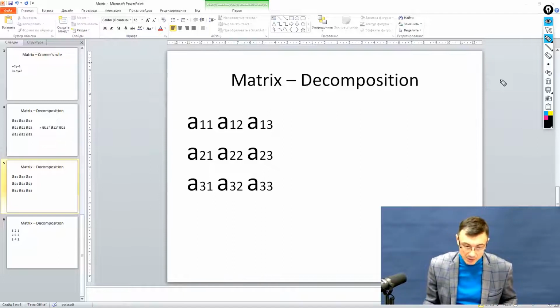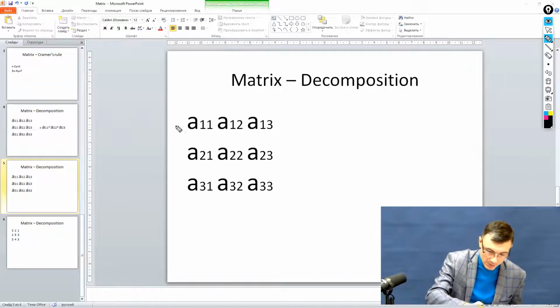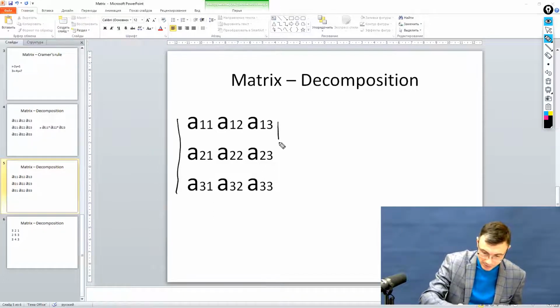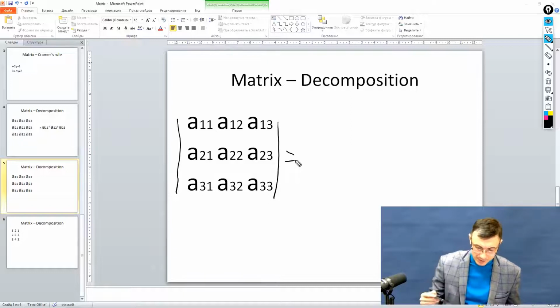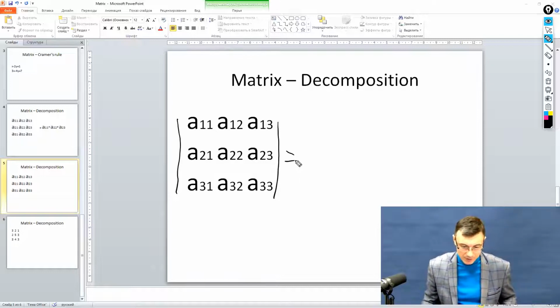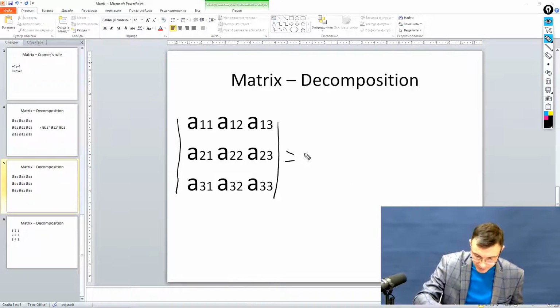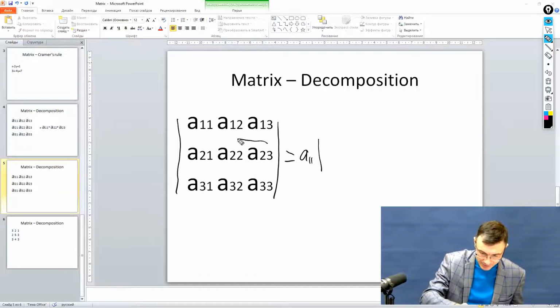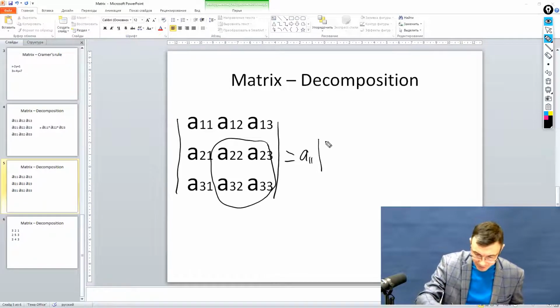As an example, if we have a matrix like this, then we could solve it by making these activities, taking this element A11, and then we put this area in matrix 2.